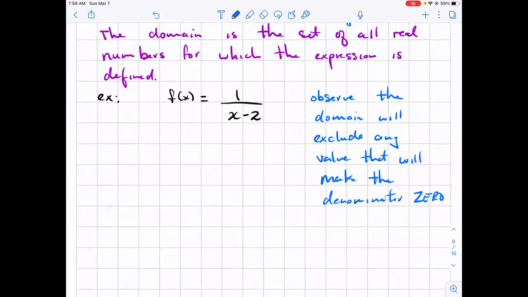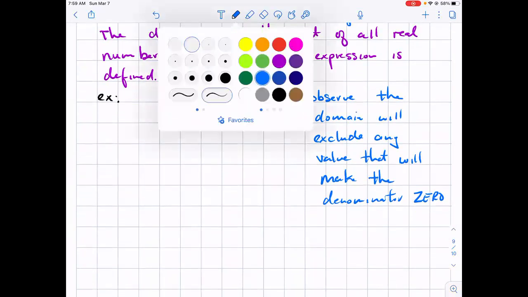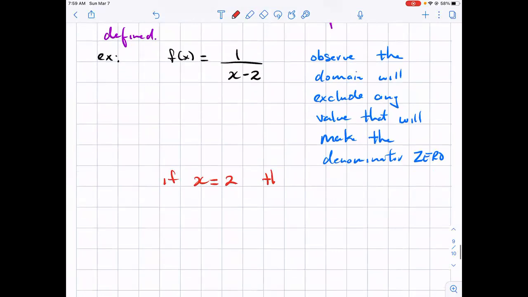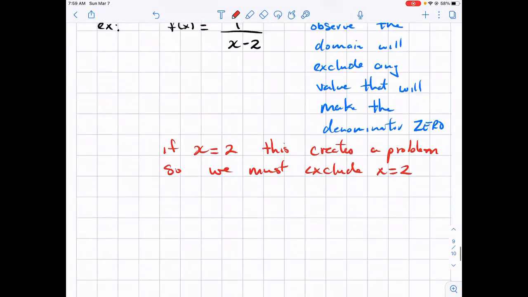If x is equal to 2, this creates a problem, so we must exclude x equals 2.